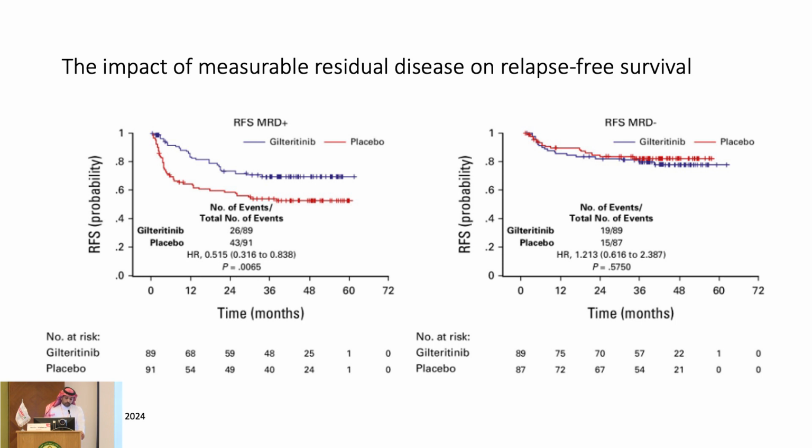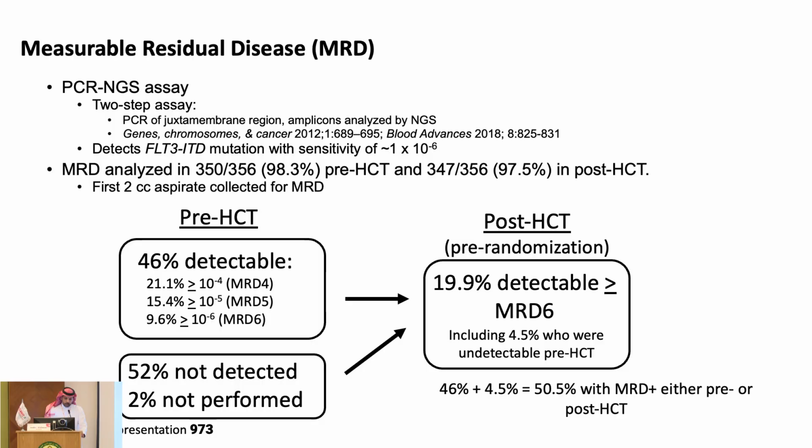So looking at patients who were MRD positive pre-transplant and received gilteritinib, they have improvement in relapse-free survival compared to those on placebo, while in the MRD negative population on the right-hand side, there was no benefit of gilteritinib. This is just to show you the percent of patients analyzed: more than 90% of patients actually had MRD data.